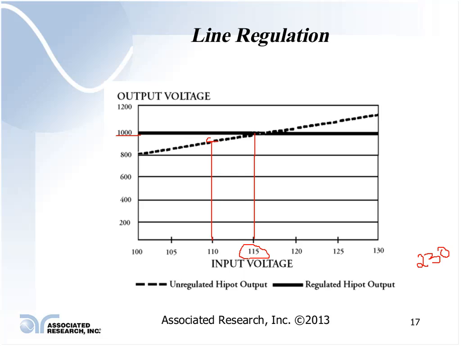So instead of maybe doing a 1200 volt test, I'm now doing a 1500 volt test, like if it were a 230 volt rated product. That is, in some cases, you could be written up as a variance for not testing at the proper test potential, even though you are doing a more stringent test. But that can be a problem.